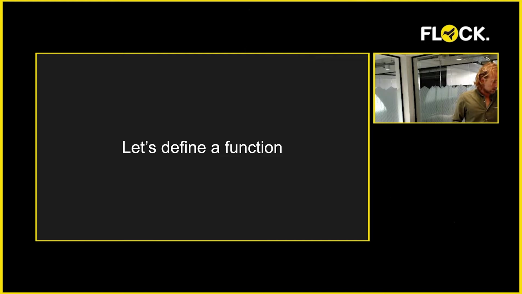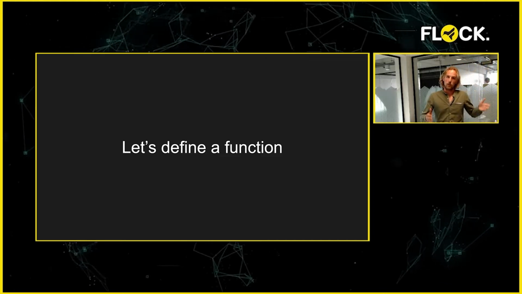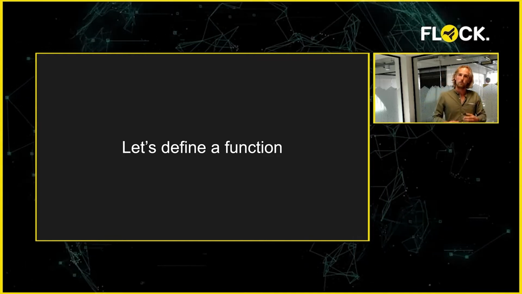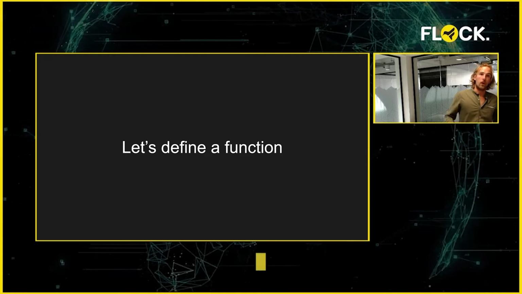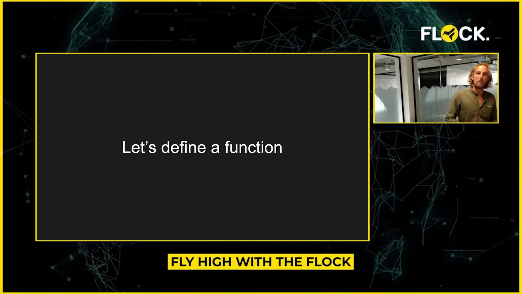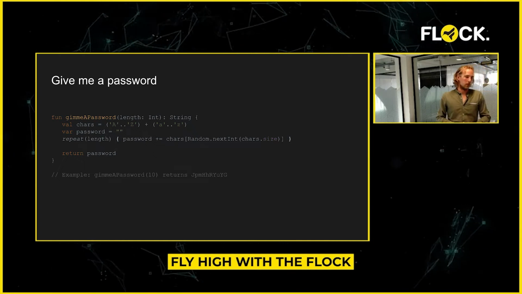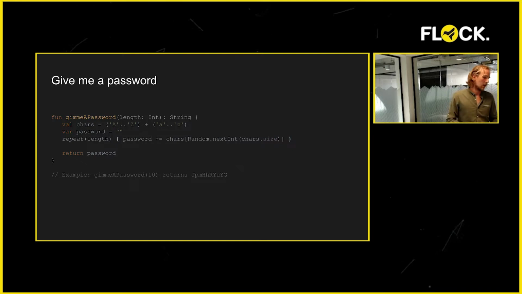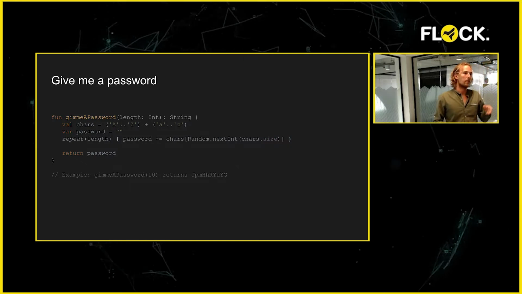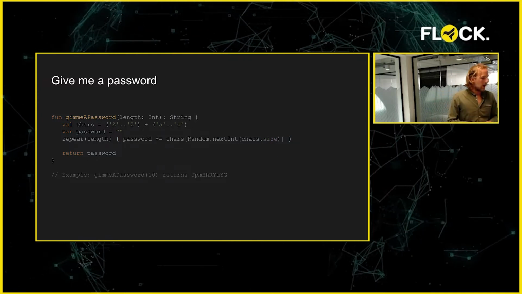So let's start with defining a function, because what we want to do is generate a password. So that's going to be our use case, how to generate a password. And that question is the same for all platforms: give me a password. But of course, we could just start with a very naive implementation, saying, give me a password, I give you a length, I say there are a couple of characters you can use, so everything from A to Z in capital, everything from A to Z in lowercase, and then we just repeat that.